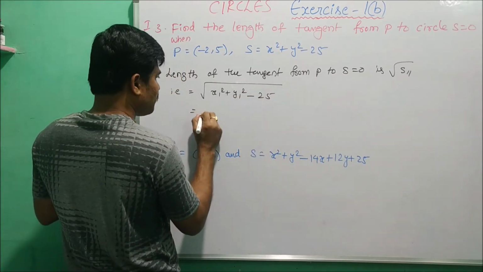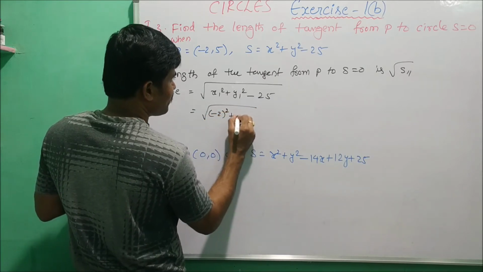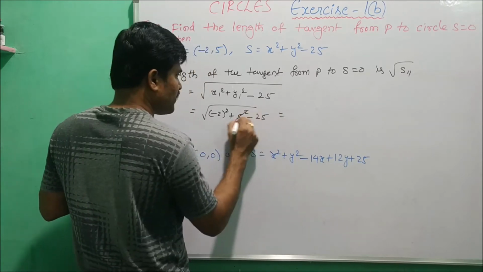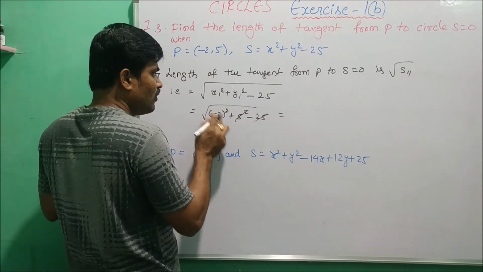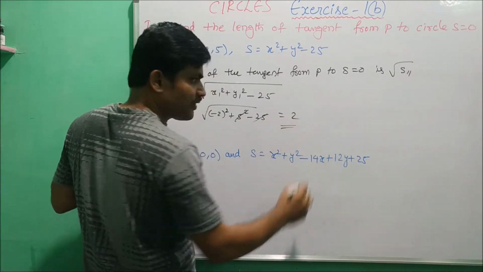Now that means square root of minus 2 whole square plus 5 square minus 25. Here 5 square minus 25 cancel. Minus 2 whole square means 4. Square root 4 is 2. So this is the length of the tangent.